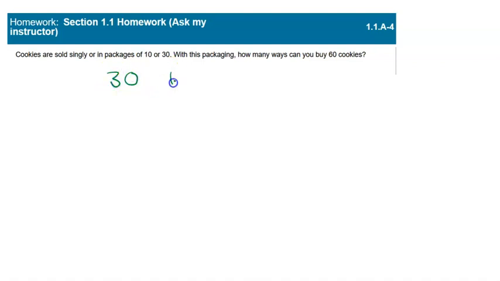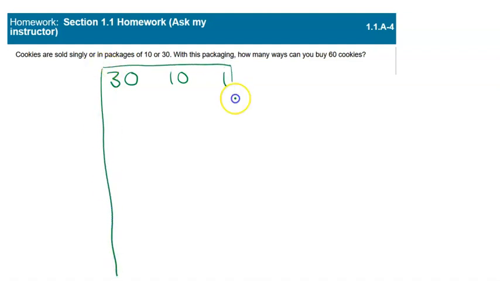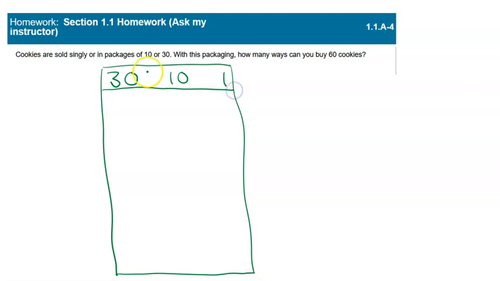And then you can buy them in packs of 10, but then you can also purchase them singly. So that's the head of my table. Then I'm going to make a big table. I don't know how many of these options we're going to find, but that answers the question. Okay. So we have packages of 30, 10, and 1.